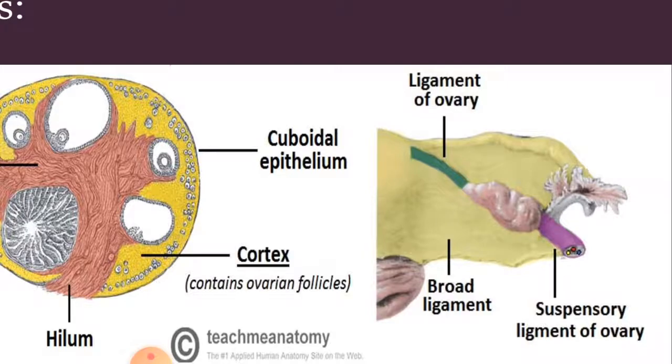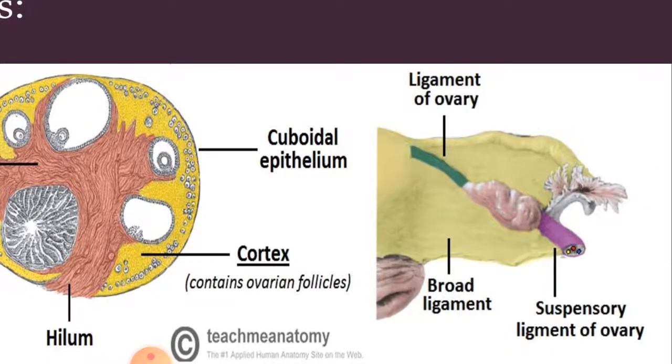Next we have the ligament of the ovary, and it extends from the ovary to the fundus of the uterus. Here will be the fundus of the uterus, and it then continues from the uterus to the connective tissue of the labia majora as the round ligament of the uterus.